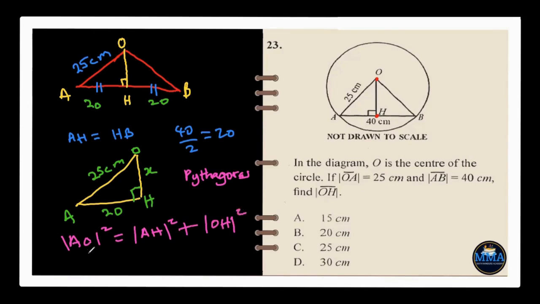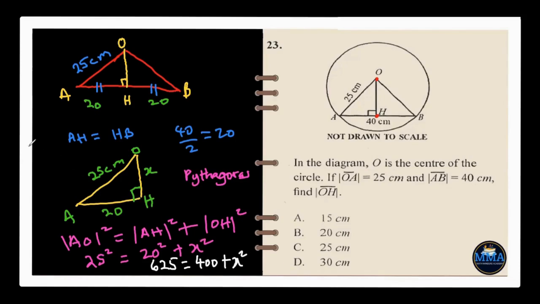So using that, we are going to have 25 squared is equal to 20 squared plus X squared. All right. So going by that way, we have 625, that's 25 squared, equals 400 plus X squared.